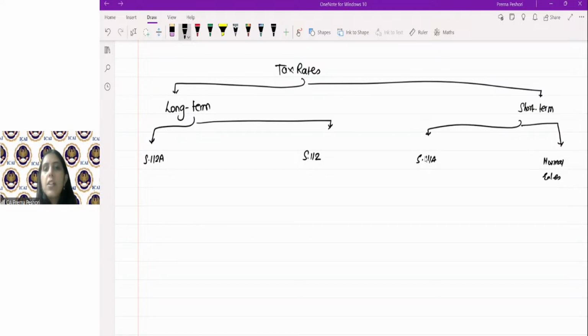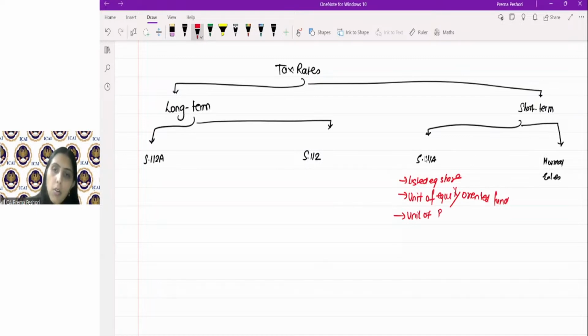Short-term capital gain, if it is a listed equity share, right? What are the assets here? Listed equity share. Second, unit of equity-oriented fund. Third, unit of business trust.